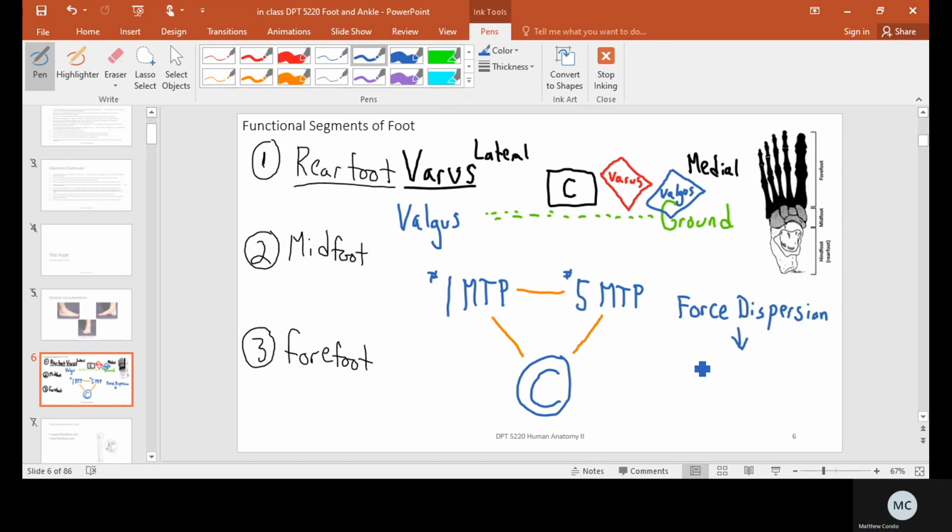Then I'm going to go through a transition phase, which is called mid-stance. And then I'm going to go through a period of force production. That's the gait cycle.